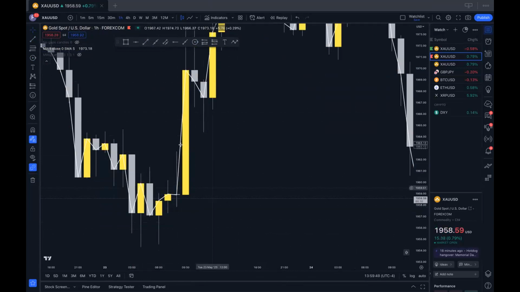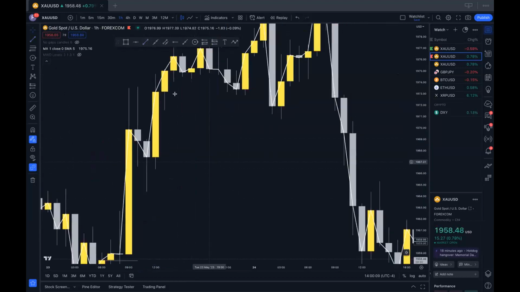You may be asking, where's your SNR? If there isn't a clear one, I'm going to introduce a rule now: you can use gaps as well as your SNR level here. I don't normally teach this to beginners because people then draw trend lines at every single gap.